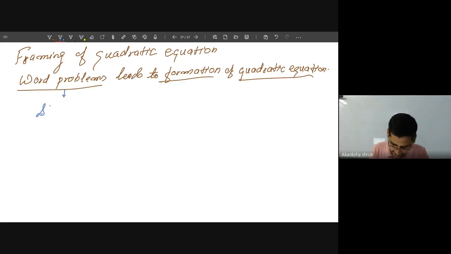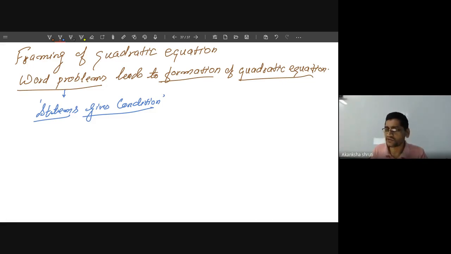So a statement gives conditions. Whatever condition is given in the question, you have to convert it in terms of variables, that will give you a quadratic equation.